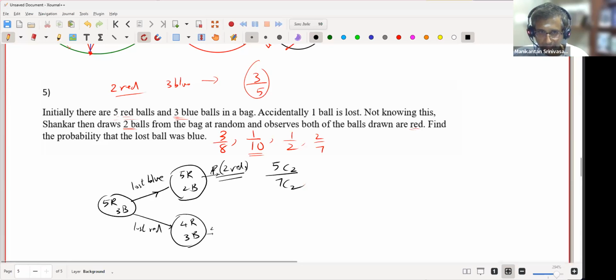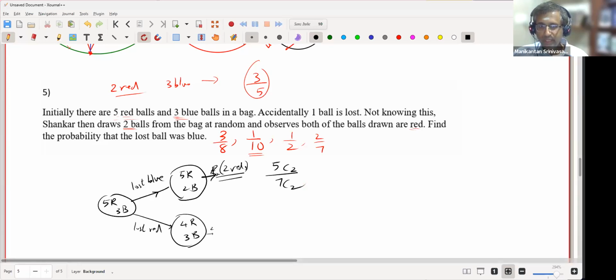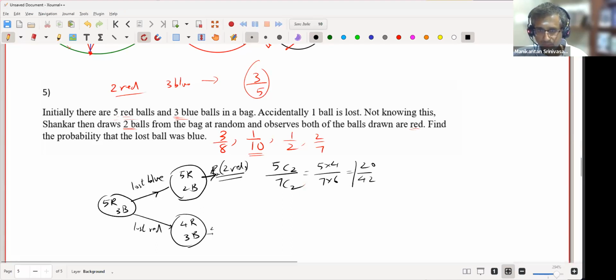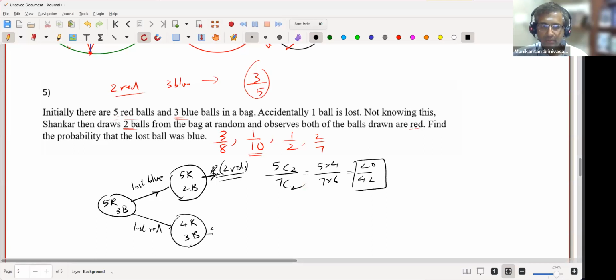So suppose we land up here, the probability of picking 2 reds is 5 choose 2 upon 7 choose 2, which is 5 into 4 by 2 upon 7 into 6 by 2. Let's keep it as it is, 20 upon 42, because similar expressions will come everywhere. So this is the probability that if you lost a blue ball, you pick 2 reds next.